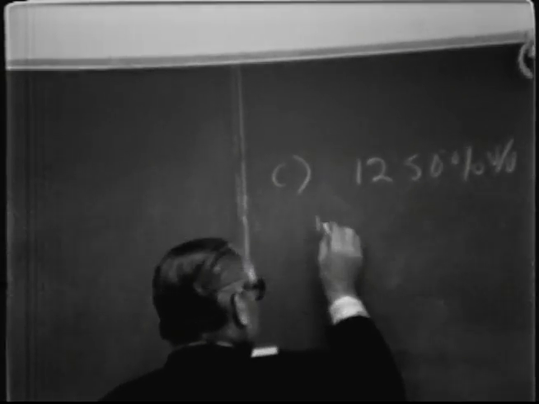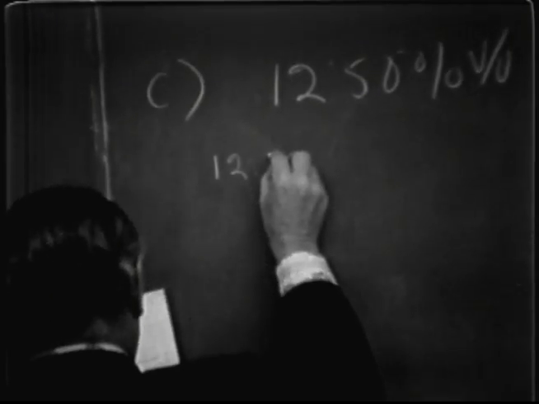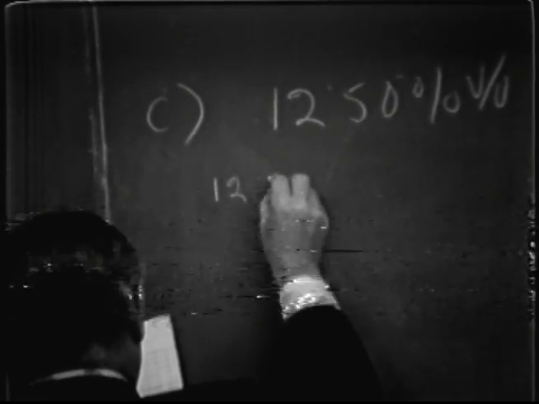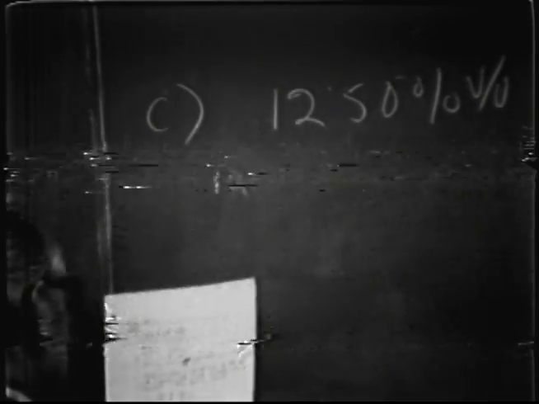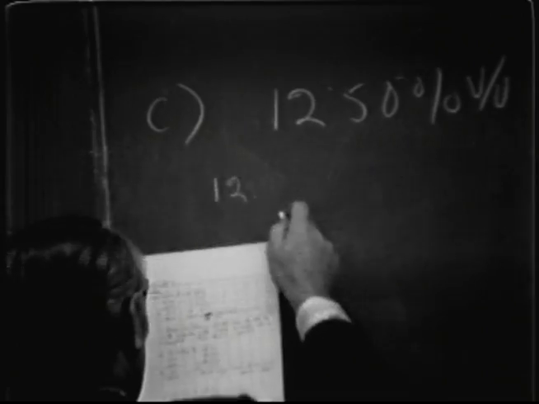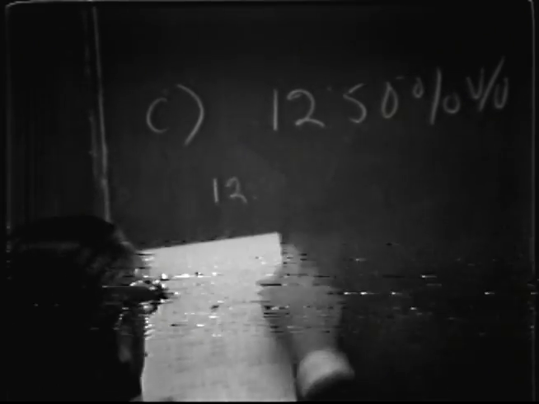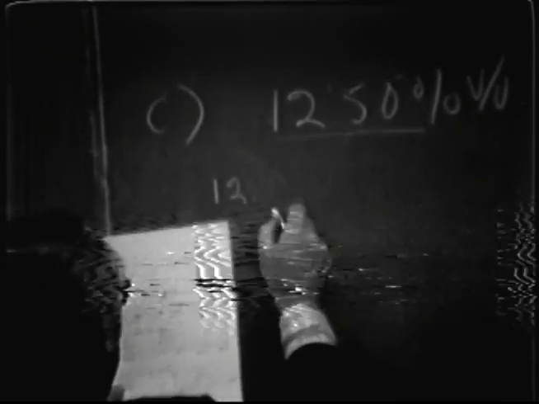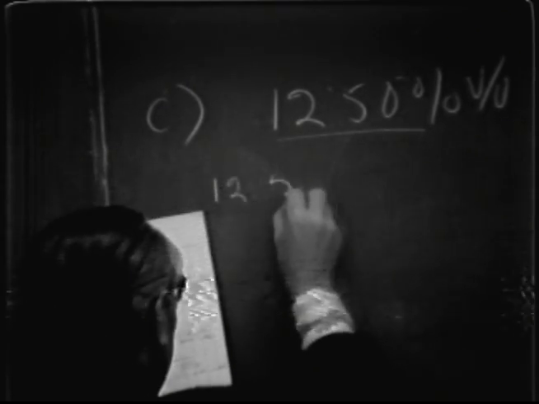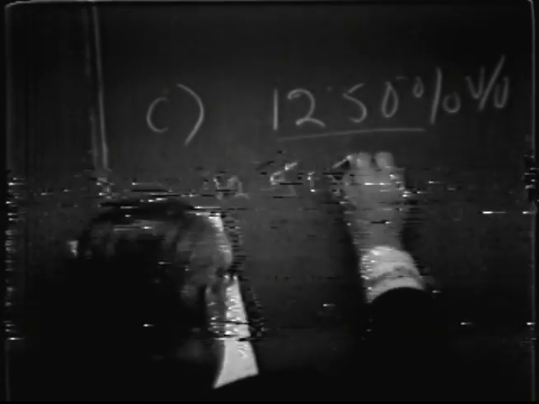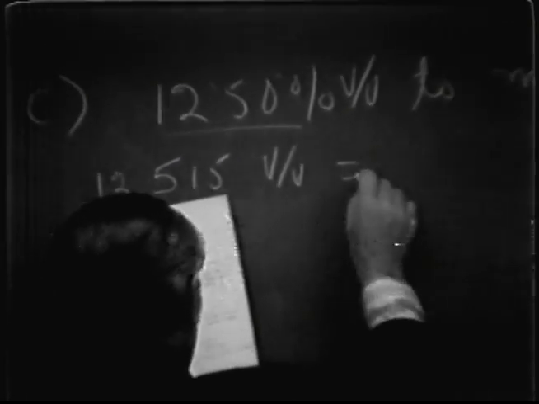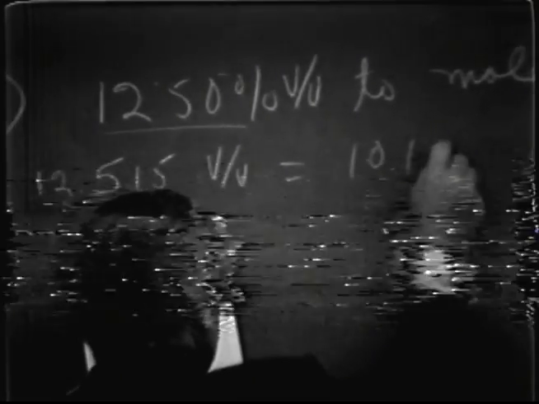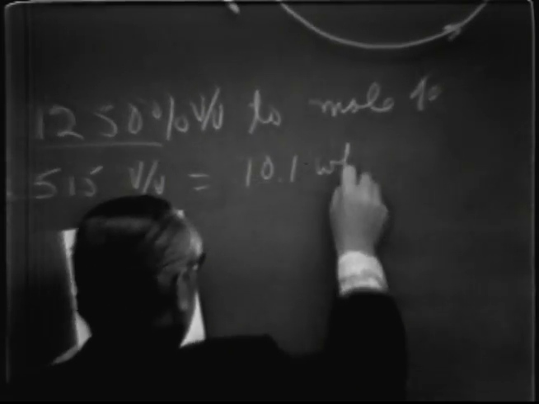So the first step is, looking at the table, I write down the values that are closest to 12.50%. The one that you can read directly is 12.515 volume percent equals 10.1 weight percent.